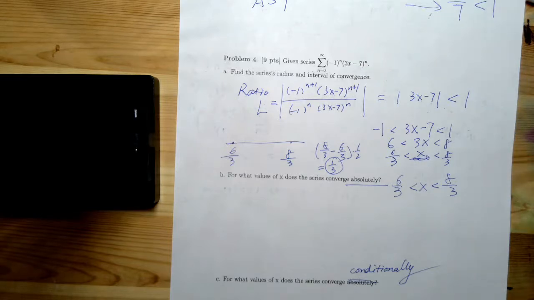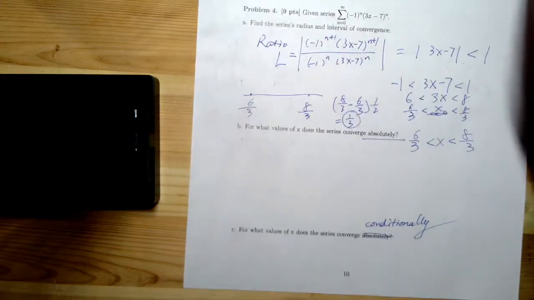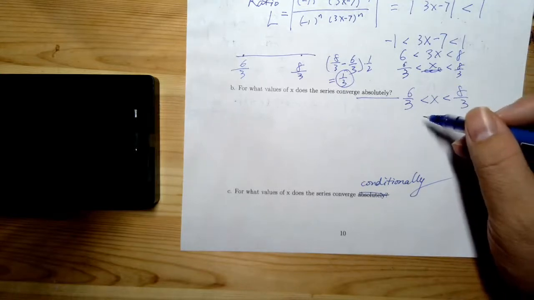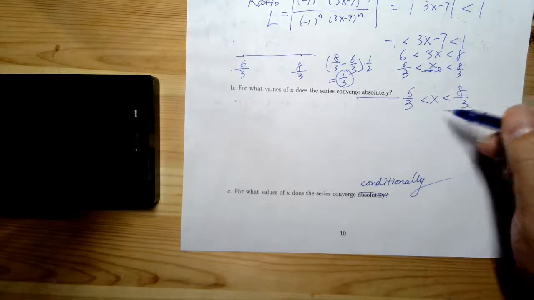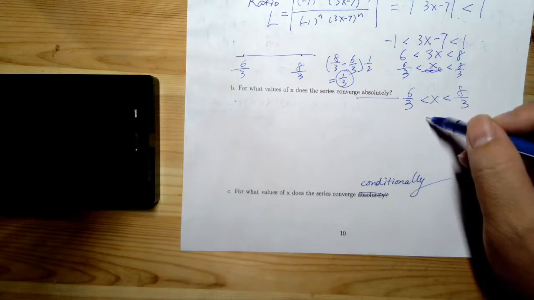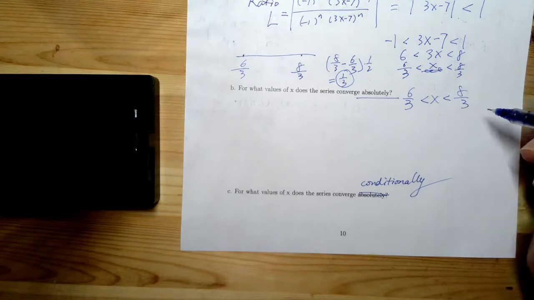But when capital L equals 1, there is no conclusion. So that means we really need to verify at the two endpoints whether they converge or diverge.